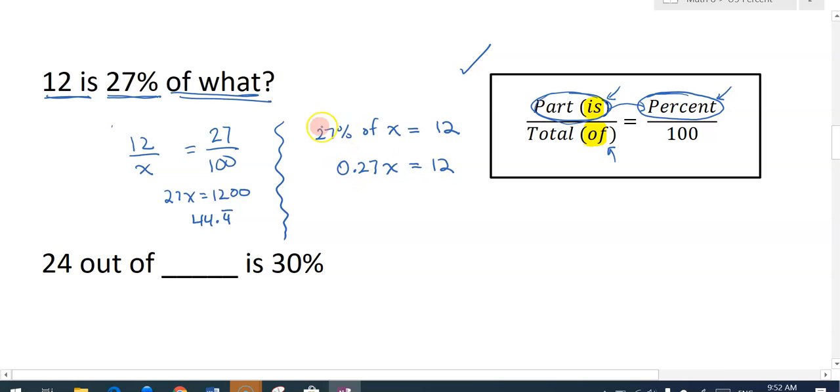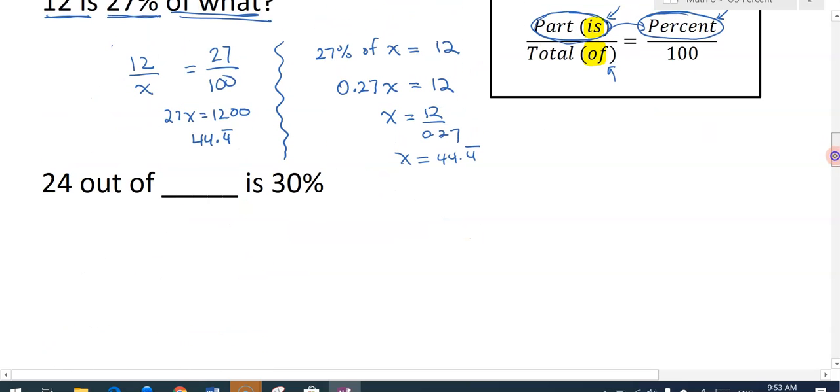So if we know the percent of the total equals something and we know the answer, we can use our algebra skills to find x. We could divide both sides by 0.27. And we get the same answer as we had over there. And so there's two methods, using your proportion or using your algebra skills. Okay? Doesn't matter which one you use, it's your choice.